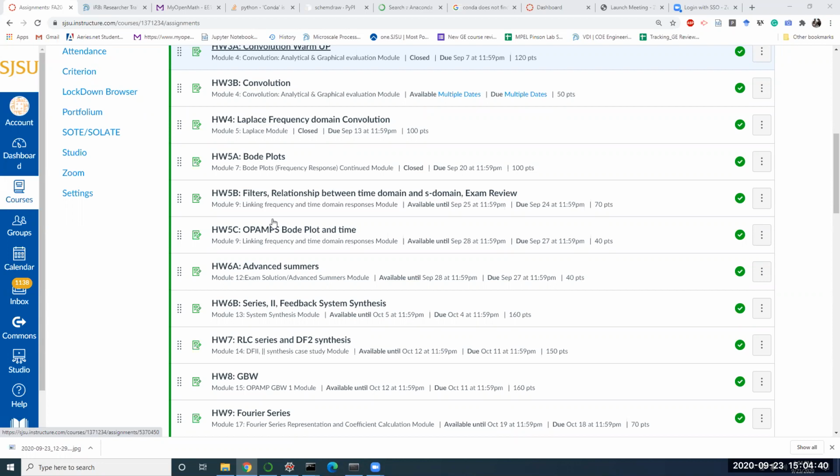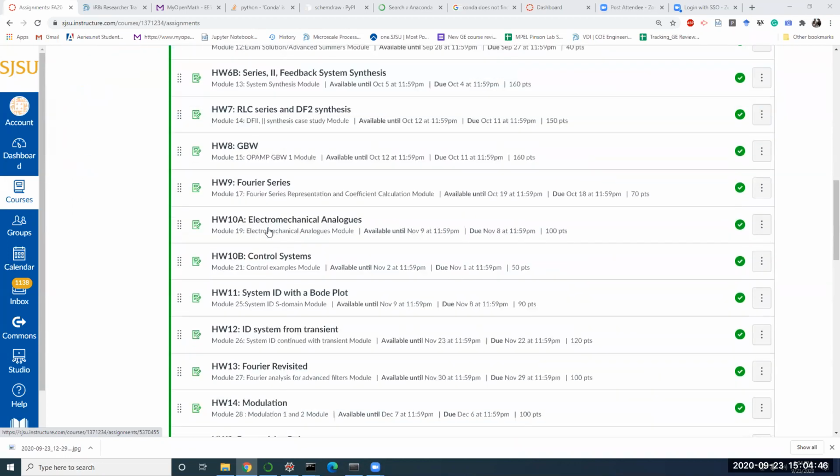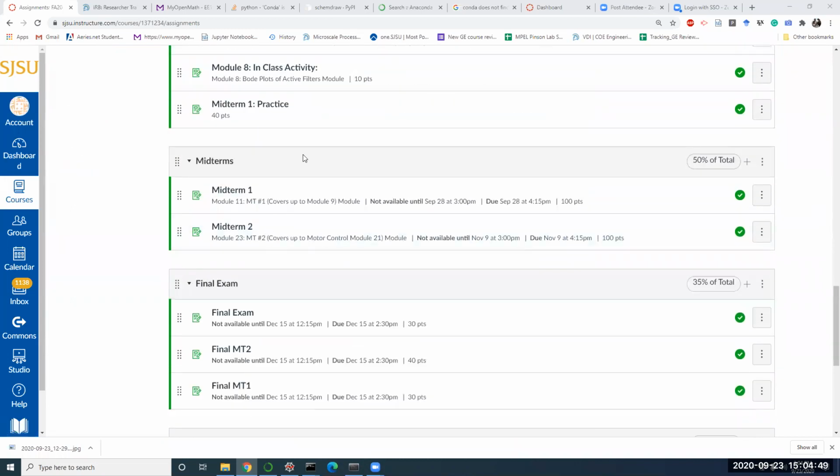But if you email me right away, then I know that there's an issue, even if it's delayed. When you go to your midterm, it'll be available at a certain time, and you can work on it during that time.